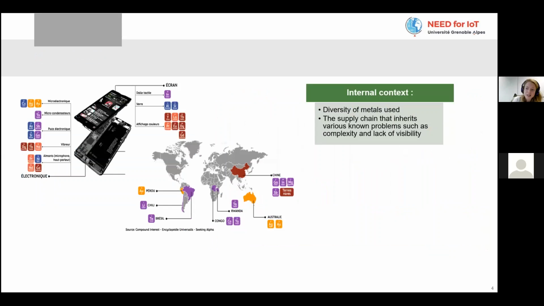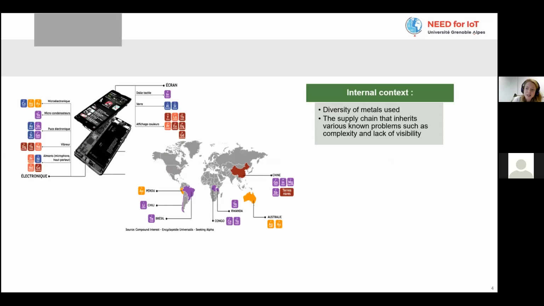The second type of context is the diversity of metals that are used. As we see here, it's just a simple example of the smartphone. We see, as we said, several metals from different countries.